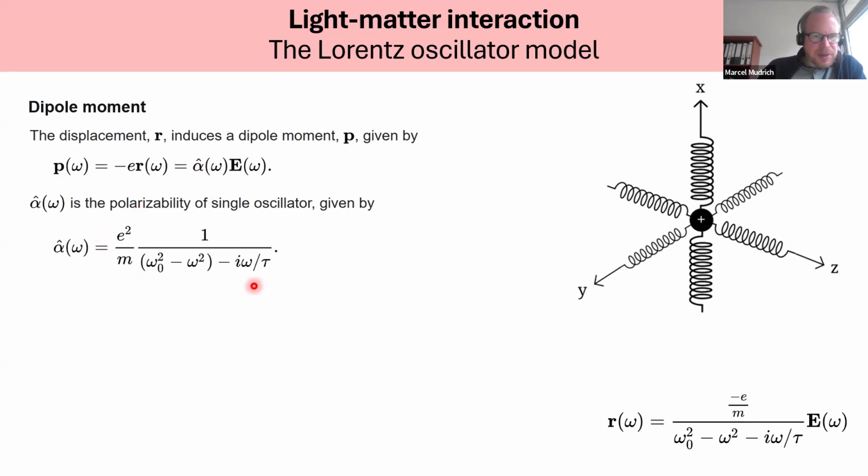But here it's just given by essentially this prefactor in front of the electric field with an additional elementary charge e.